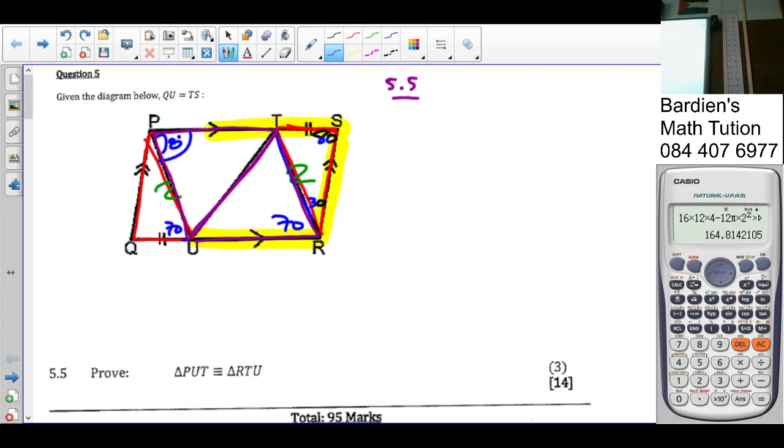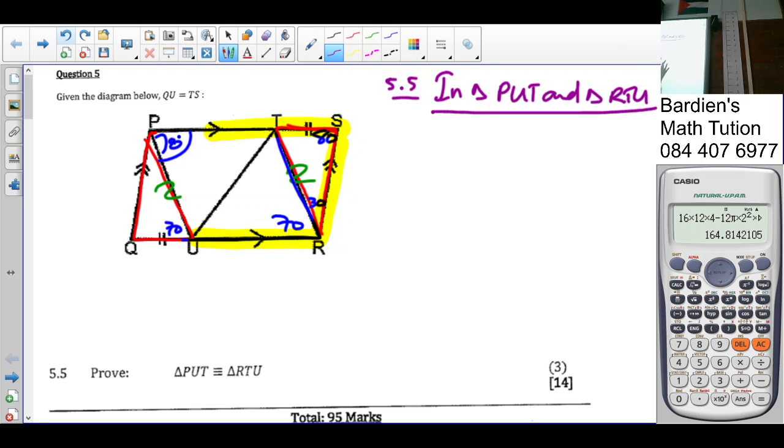Now, how do we start off congruency or similarity? We say in triangle PUT and triangle RTU. Do not say, people, that they are congruent at that point. You're going to lose the marks. Because in a prove that or show that question, you don't write the answer on top. You can't use the fact that the 2 triangles are similar or congruent in our proof.